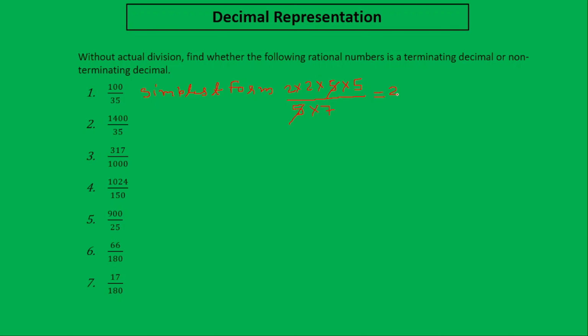So this becomes 20 by 7. Now this is not in the form of 2 to the power m times 5 to the power n. Hence, this is not a terminating decimal.